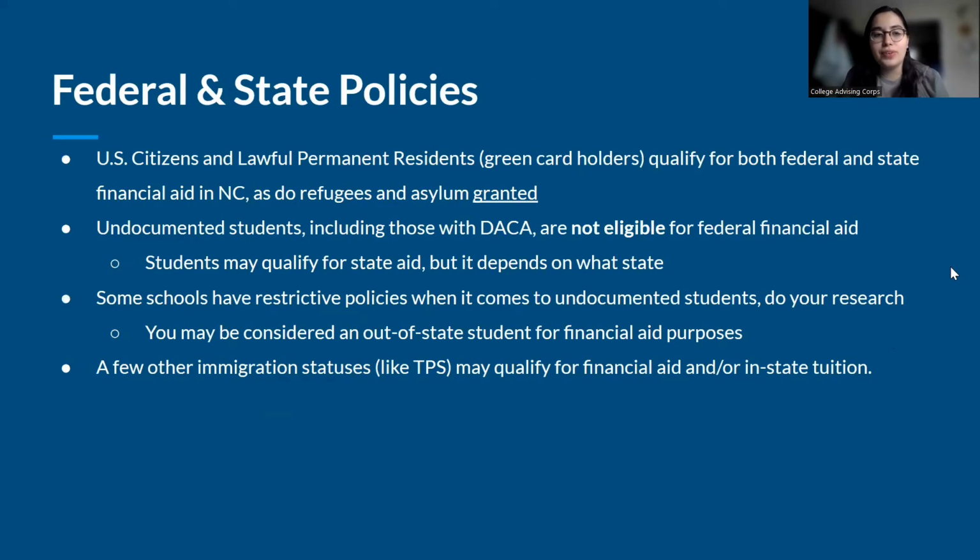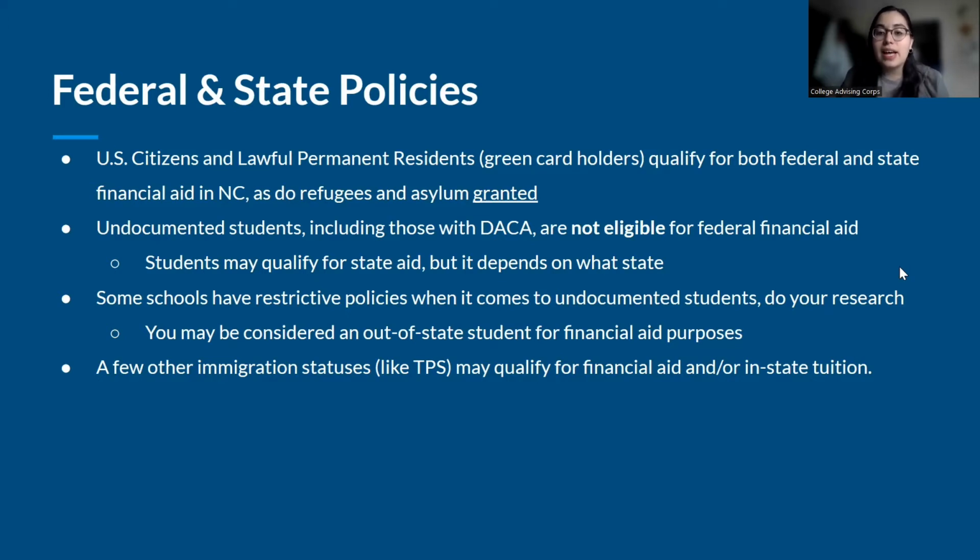It's also important to keep track of the different federal and state policies. On the federal level, undocumented students are not eligible to fill out the FAFSA, so they're not eligible to apply for financial aid. But on a state level, financial aid policies vary from state to state. So it's important to figure out what the policies are in your specific state.